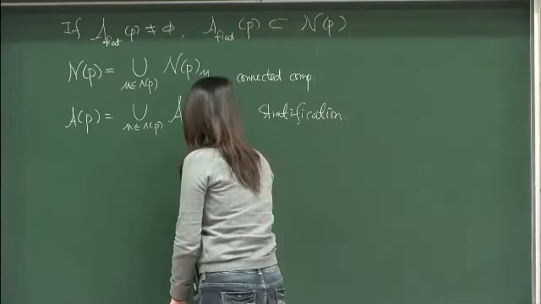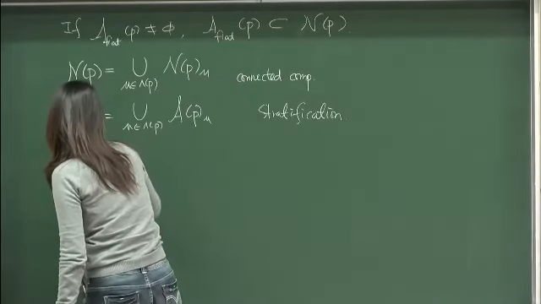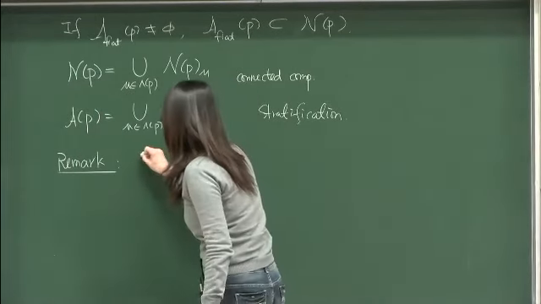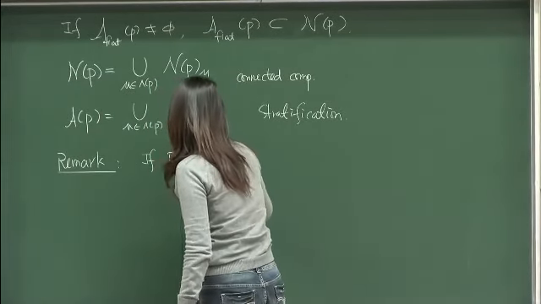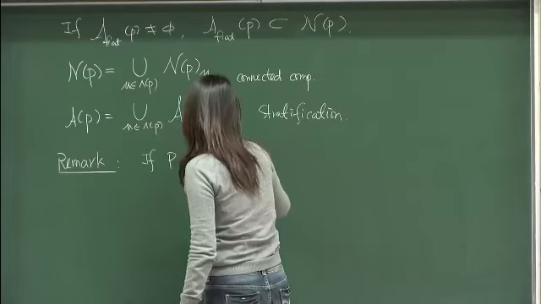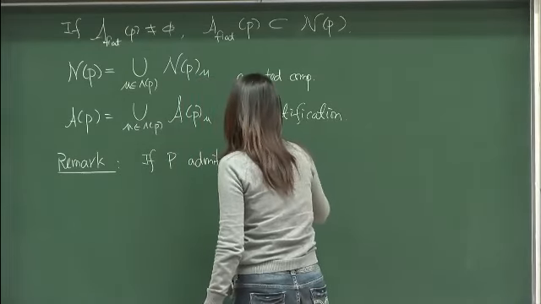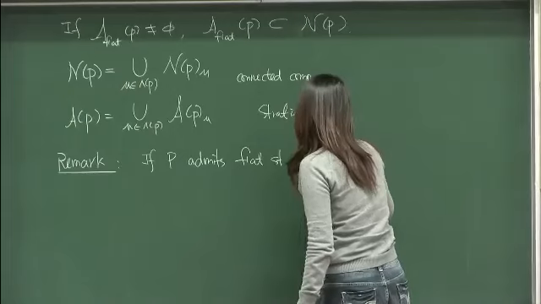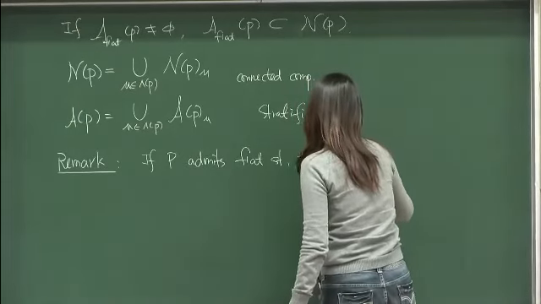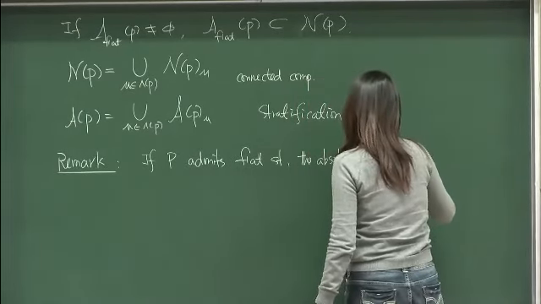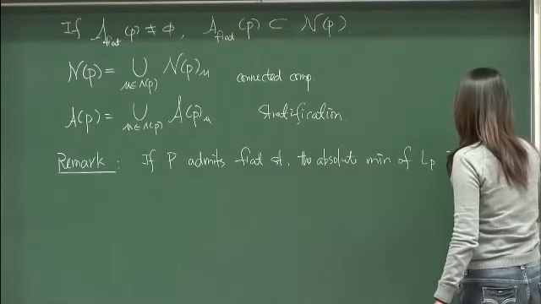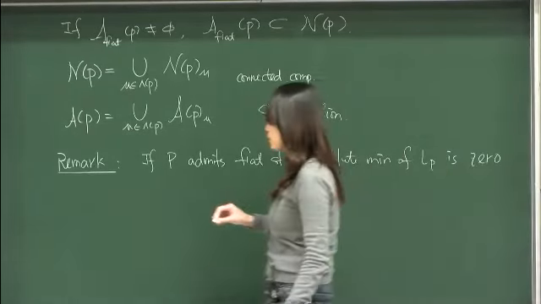And so a quick remark. If P admits the flat structure, then the absolute minima of LP is 0, and they are achieved by the flat connections.